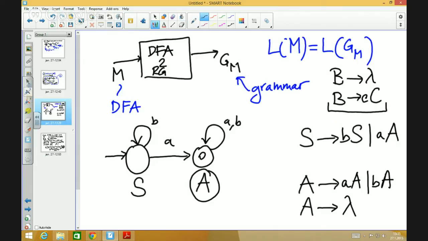All the transitions of the DFA. And moreover, for every final state, I will add a production from that final state to lambda. And what is the start symbol in the grammar? It will be the start state in the DFA.